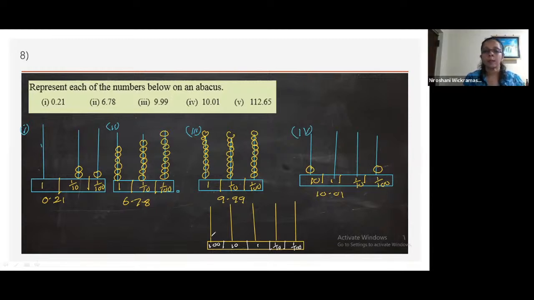Now look at 1, 2, 5. Can you understand it? 100 place 1, tens place 1, unit place 1. Now keep the decimal. 1/10 place 6, 100 place 5.